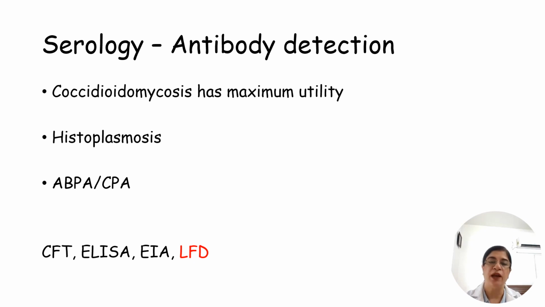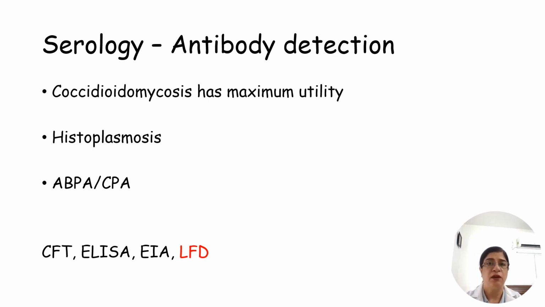Serology, among this, antibody detection has remained a very important test in the past, but now it is not so important because it cannot differentiate between past and present infections, and it is an indirect method of detecting the infection. It has still some utility for coccidioidomycosis, histoplasmosis, and allergic aspergillosis.